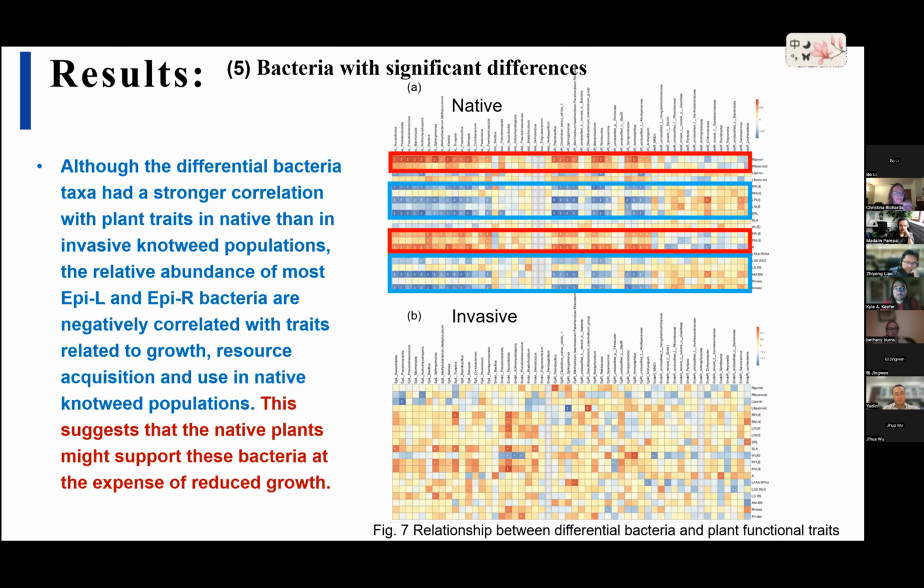test the relationship between the significantly different bacteria and the plant functional traits.